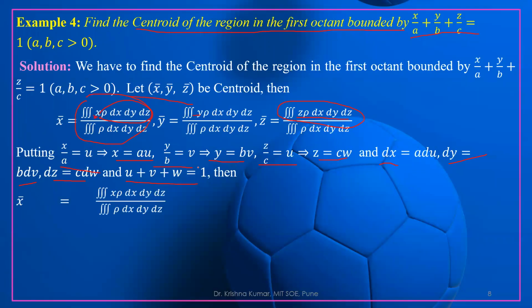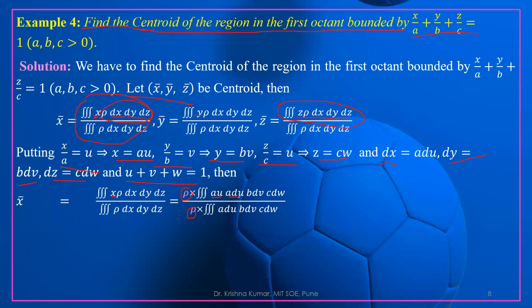Correct? So x bar is equal to rho times, we can take rho outside because nothing is said about the density of the solid. So we consider that rho is constant and take it outside. What is the value of x? x is equal to au, and there is no y here. What are dx, dy, dz?